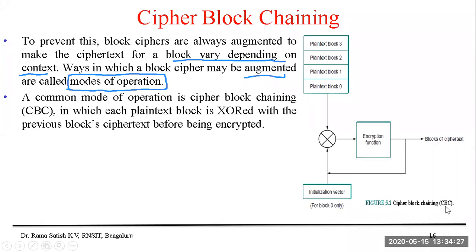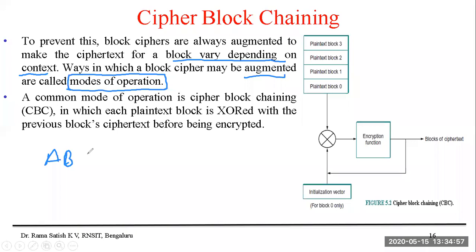CBC is cipher block chaining, in which each plain text block is XORed with the previous block's cipher text before being encrypted. For example, if I take one simple example, let me take ABC.